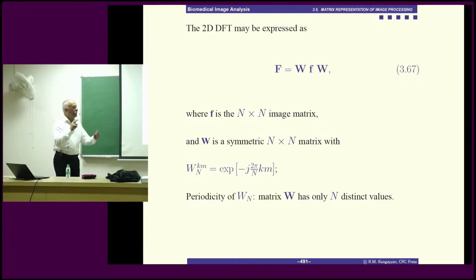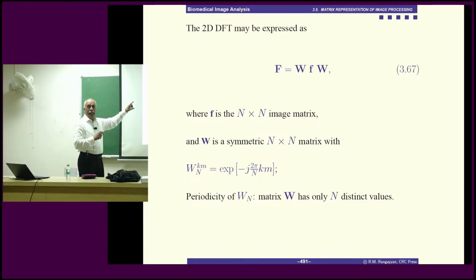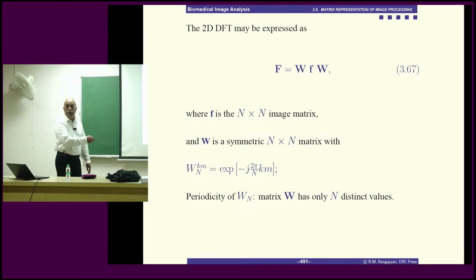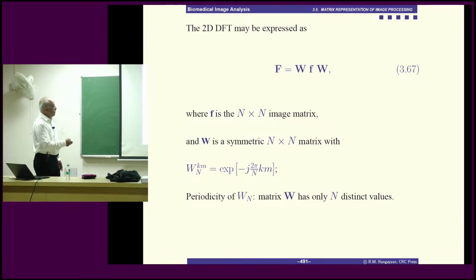Please note, these are all n by n matrices. We haven't done the column ordering or row ordering in this case. And W_n to the power of km is this exponential function which we have seen already. There is periodicity of W_n, so this matrix W has only n distinct values, as we have seen.